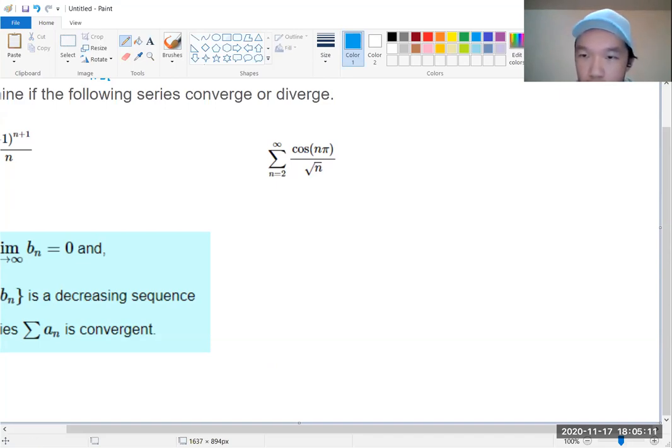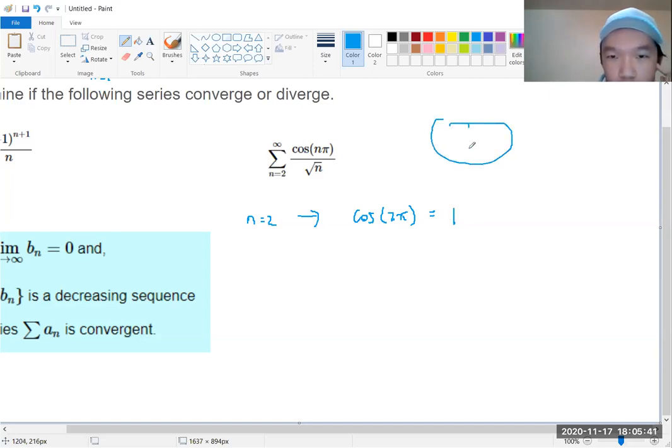Let me just see if that's true. So the first index is n equals 2, which gives you cosine of 2 pi. What is cosine of 2 pi? It's cosine of 0, which I think is 1. Let me make sure that's correct.